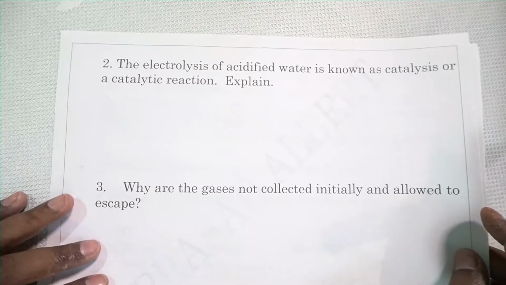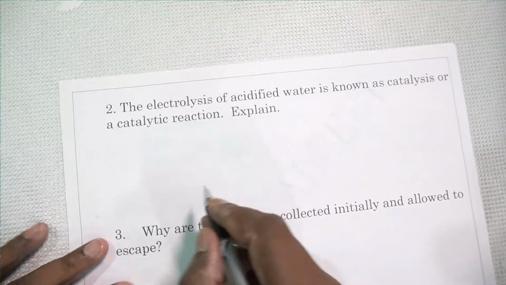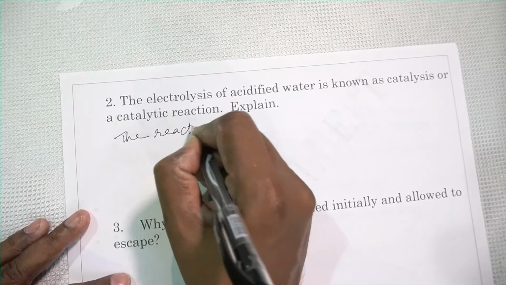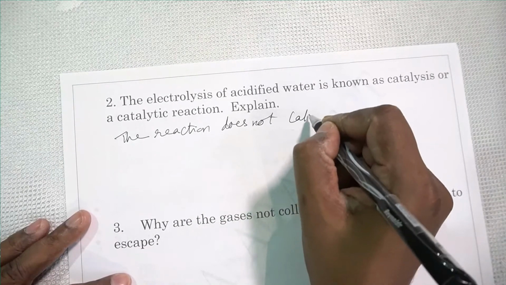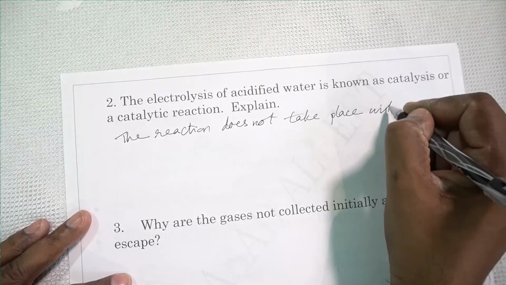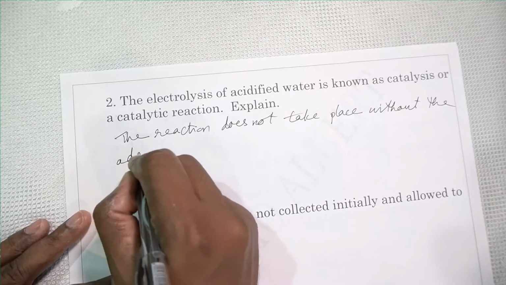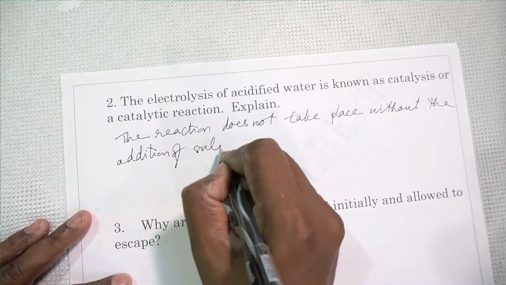Okay. Then the next thing to understand is why electrolysis of acidified water is known as a catalytic reaction. What is the reason? The reaction does not take place without the addition of sulfuric acid.